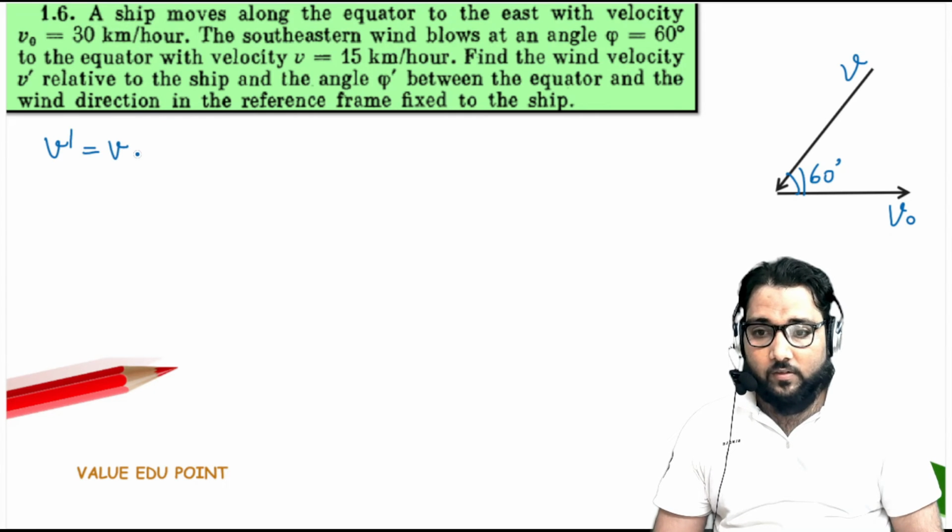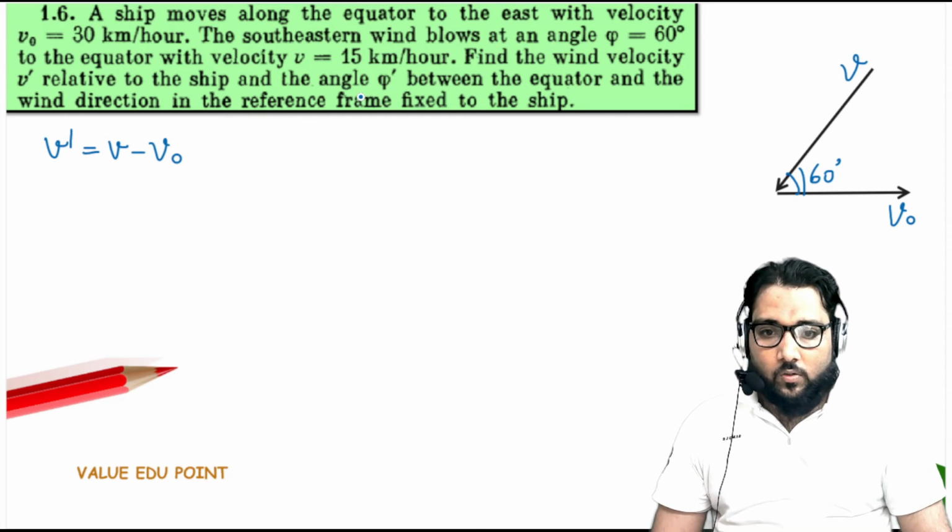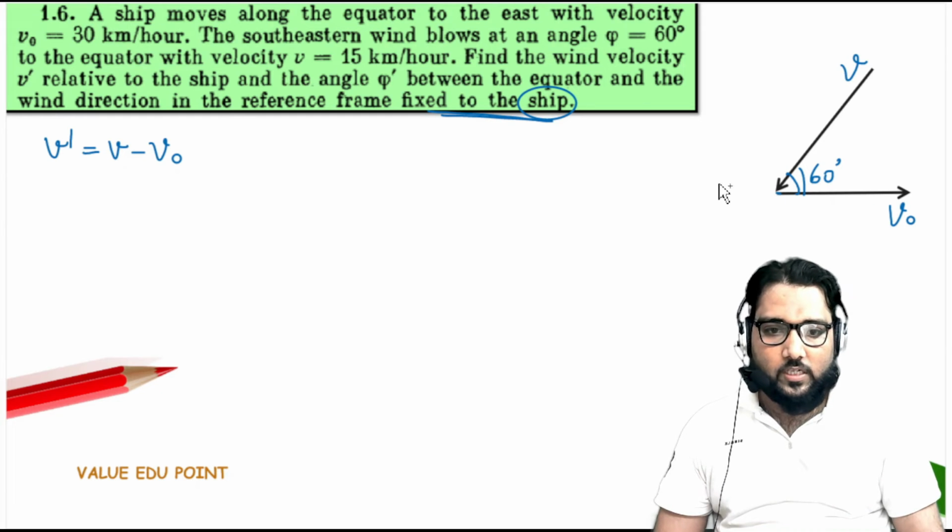So we can say v dash equals v minus v naught, and the angle phi dash between the equator and the wind direction in the reference frame fixed to the ship. We know v naught here, so v minus v naught in opposite direction.